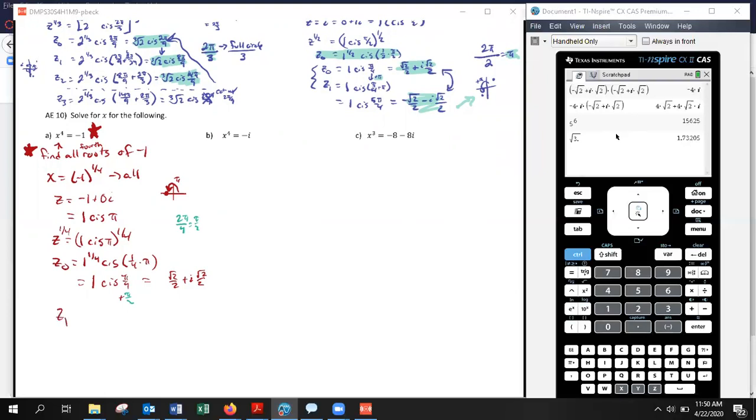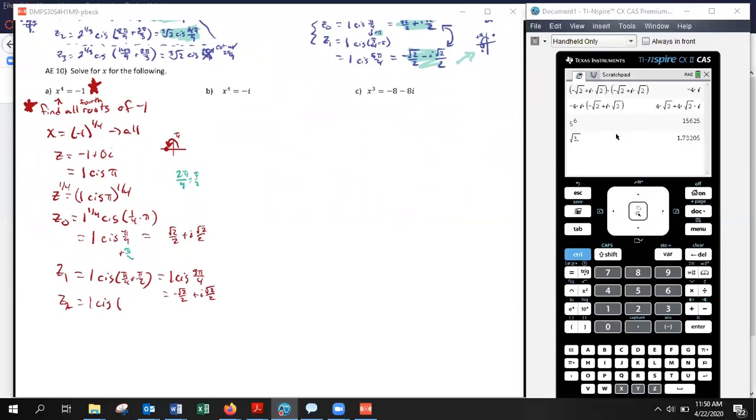So our next one is going to be 1 cis pi over 4 plus pi over 2. By the way, that is 3 pi over 4. So 1 cis 3 pi over 4, which is negative square root of 2 over 2 plus I times the square root of 2 over 2.